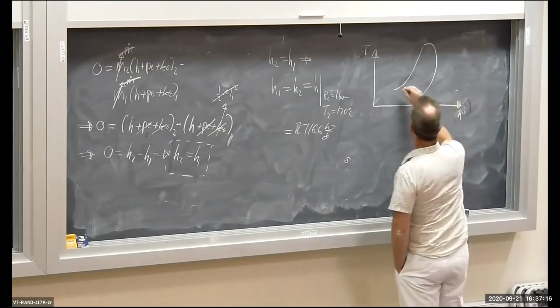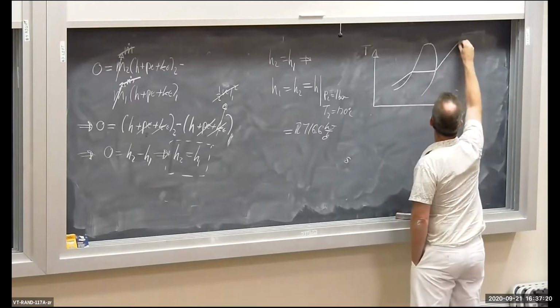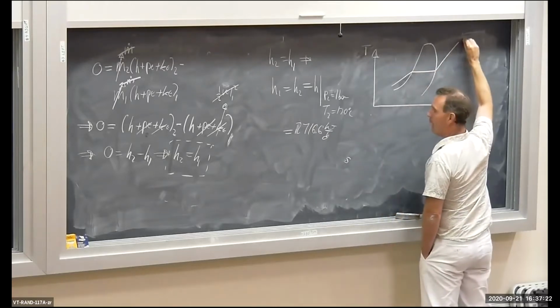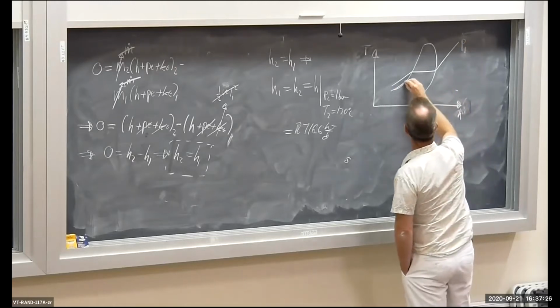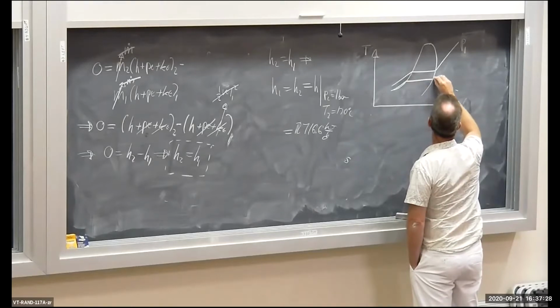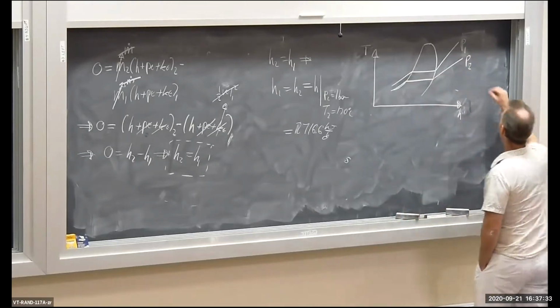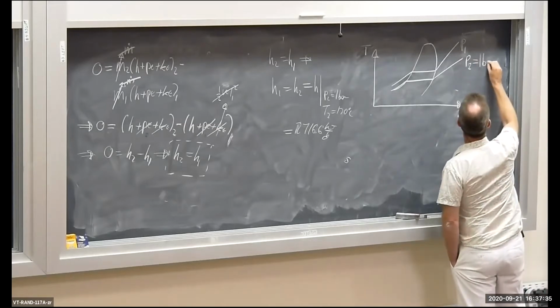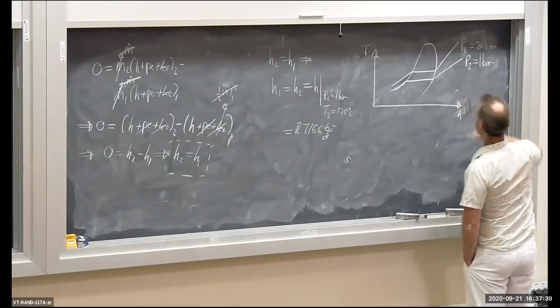Now the isobars look the same. So here are the isobars. Here's our high pressure inlet, P1, and here is our low pressure outlet, P2. So we're at 1 bar, and we're at 20 bar up there.